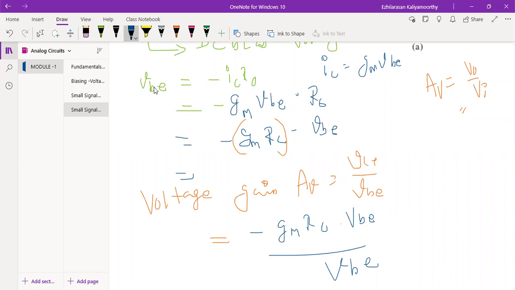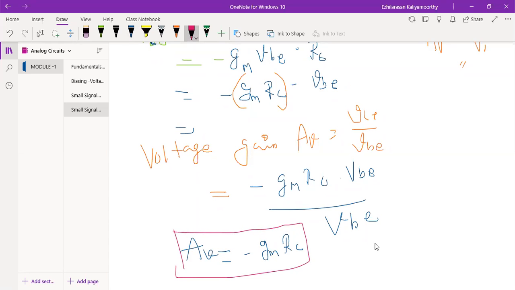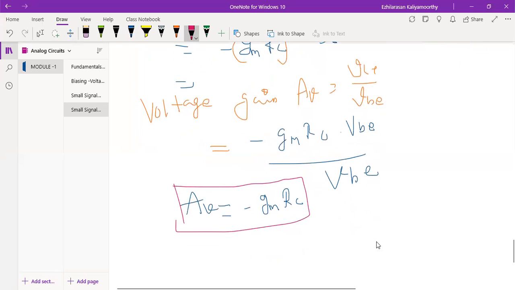Sorry, this is not vbe in the denominator, this is the collector to emitter voltage vce, yes. So now vbe will get cancelled. Now we'll get minus gm RC. So this is nothing but Av. So very simple, the voltage gain is Av equal to minus gm into RC.